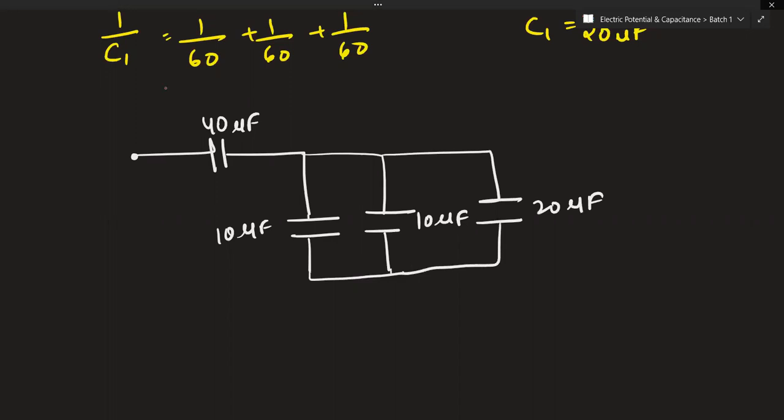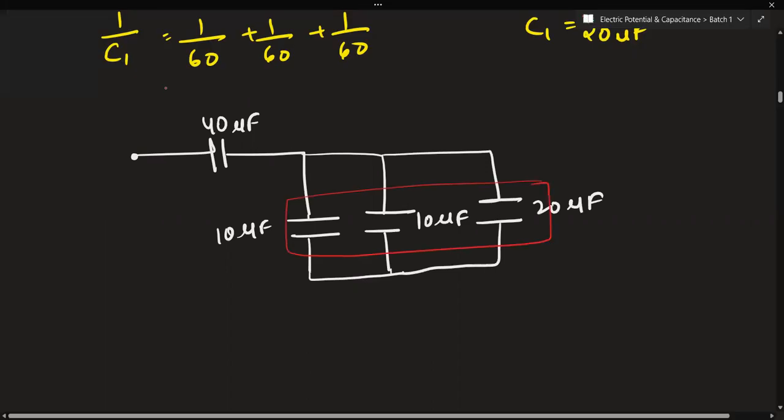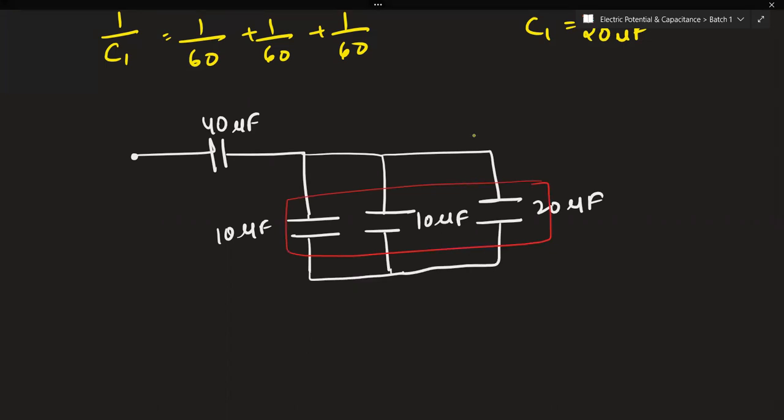So now you can see these three. How are these three connected? Parallel, no? Good. They are connected in parallel. So C2 will be simple addition of it. 10 plus 10 plus 20. That will give you 40 microfarad.